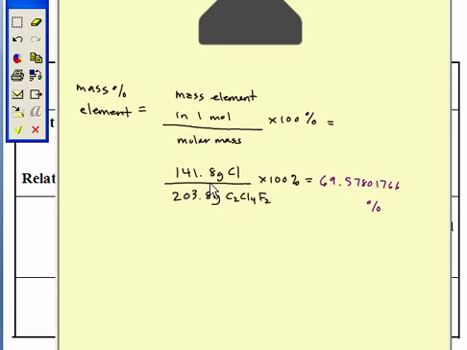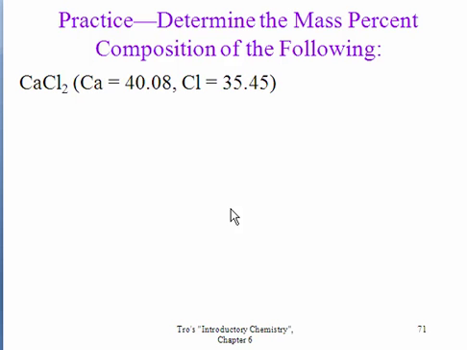Let's look at sig figs. 4 sig figs here, 4 sig figs here. Here's my last allowable sig fig since I should have 4. So 69.58% chlorine. And that's a reasonable number, and this looks like it's about 70%. Chlorine is making up a good chunk of the 203 molar mass.